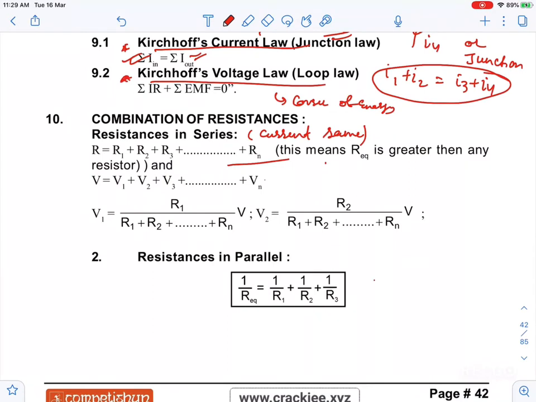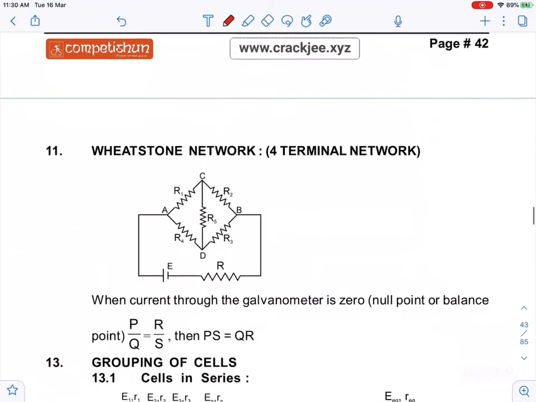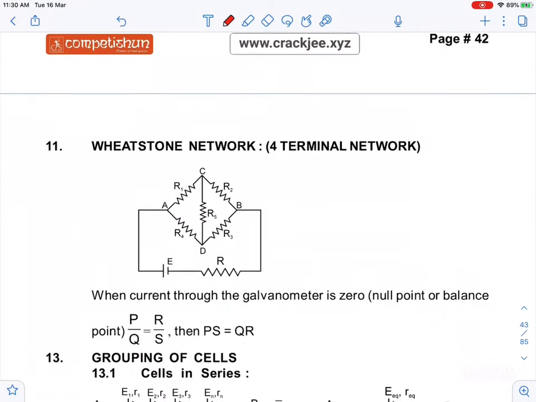In parallel, the potential difference is the same and the current is divided. So I can be divided into I1, I2 and I3, and I is equal to I1 plus I2 plus I3. I can be written as V by R equivalent is equal to V by R1 plus V by R2 plus V by R3. Since the potential difference is the same, I can cancel it out and get this result.